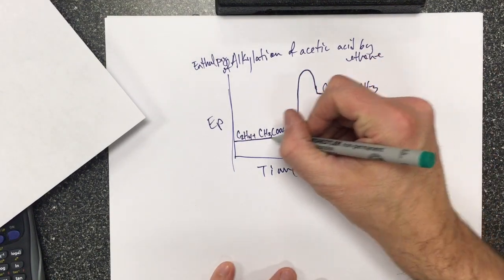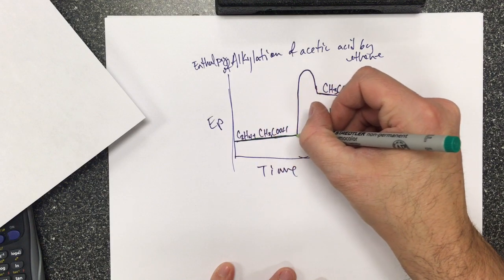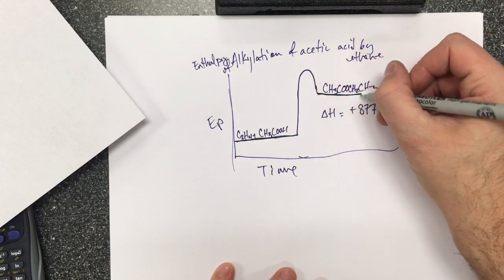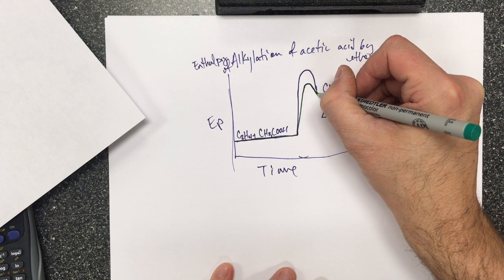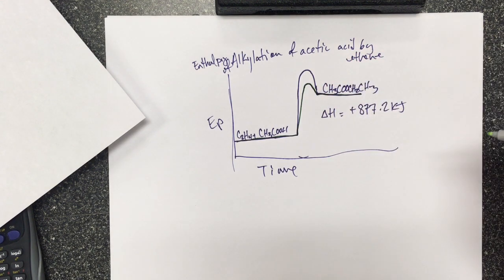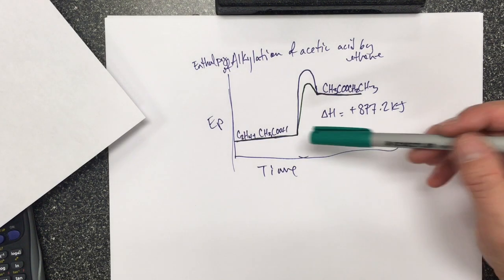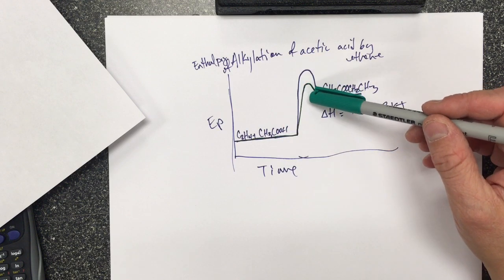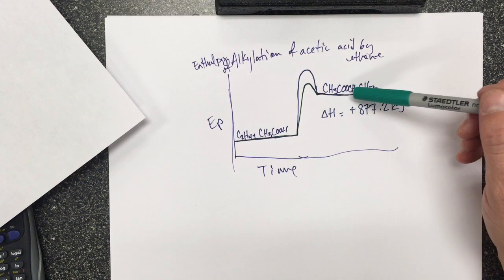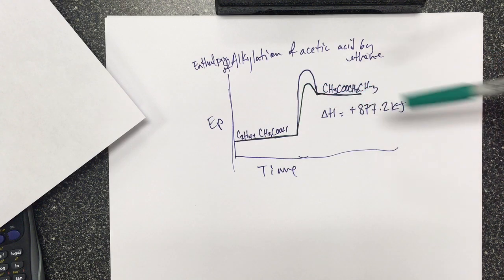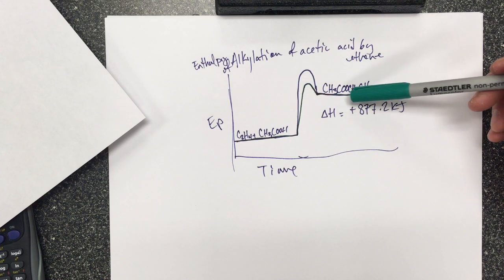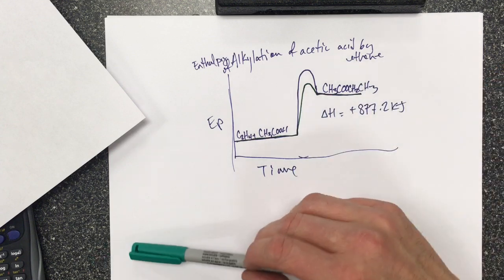And so the catalyzed reaction still has the same start, still has the same end, but now the activation energy is decreased. And so it's got a lower activation energy, and it should speed the reaction up. So we should have more successful collisions to create the product because it requires less energy to get to the product.